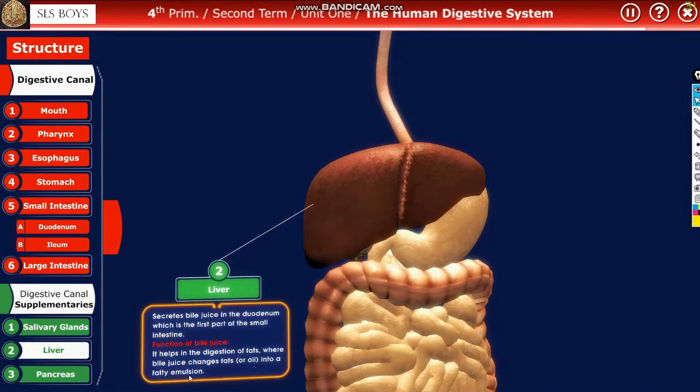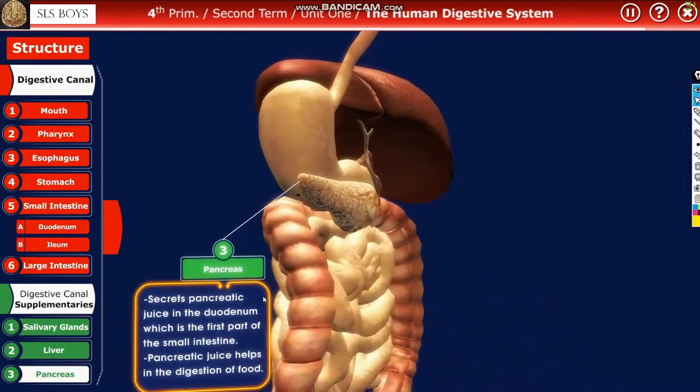It changes the fats or oils in our stomach into a fatty emulsion. Because we know that if we put water and oil together, they don't mix. But when we put bile juice on them, they mix together, forming a fatty emulsion.